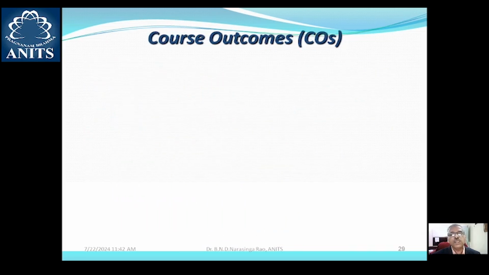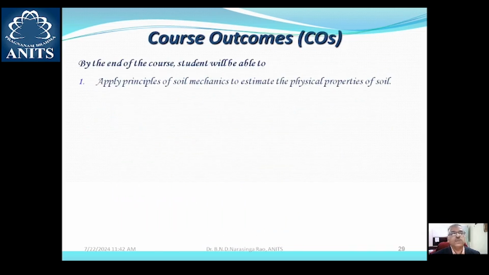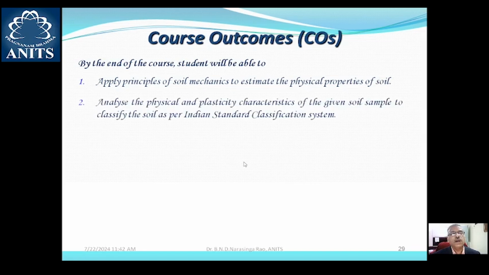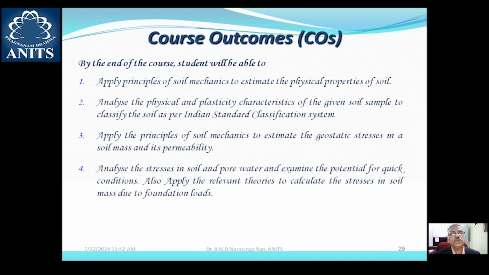So these are the causes of failures, and if we look at the course outcomes of this particular course, Geotechnical Engineering I, we are in the first unit. For the first unit, the course outcome is applying principles of soil mechanics to estimate the physical properties of soil, and the other course outcomes will be referred to when we deal with the respective units.